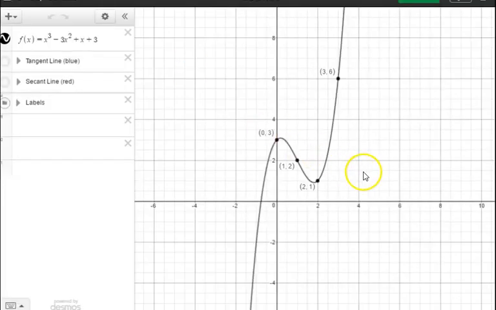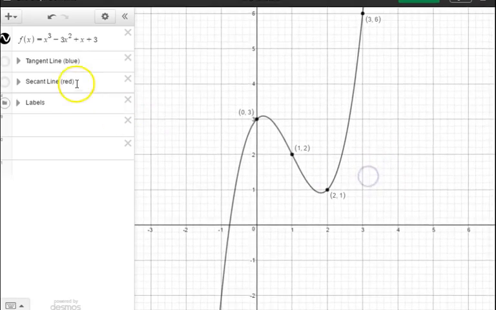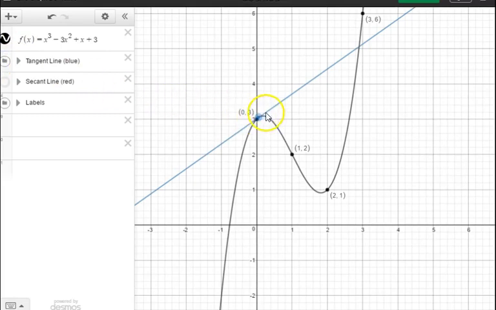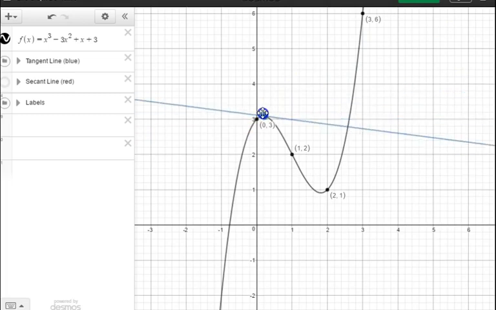So here's the graph. I'm going to zoom in just a little bit here. And look at the tangent line. So notice right here, when the bird is ready to take off, it's going to take off with a positive velocity. That slope is positive there. As it changes direction, the slope kind of momentarily becomes 0.